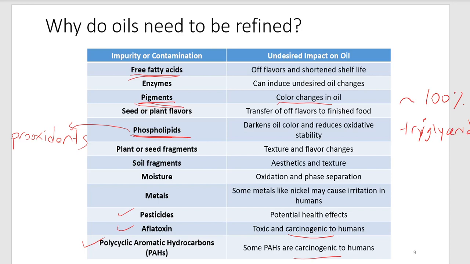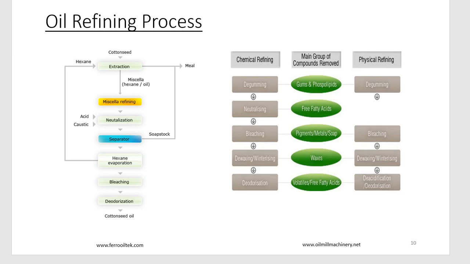Let's see the refining processes. Oil refining processes are not the same for all oils. Here you see an example for cottonseed oil refining. It depends on your starting material, your starting oilseed, and the end use.